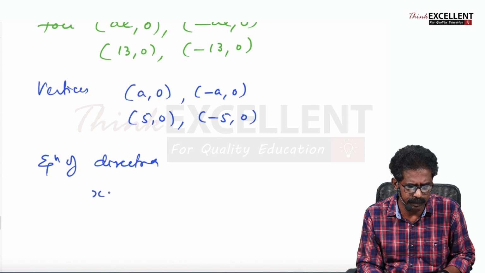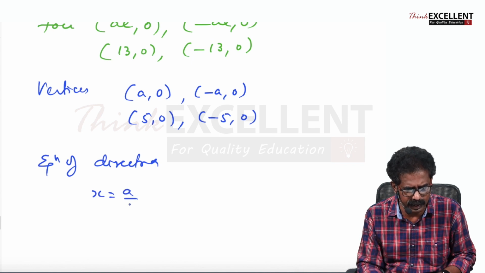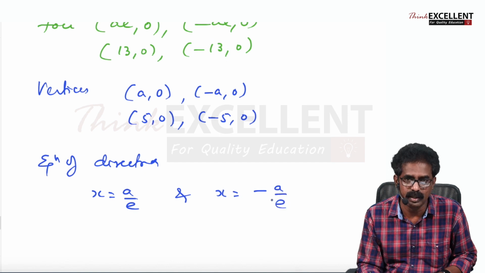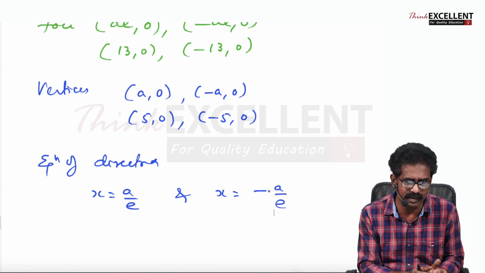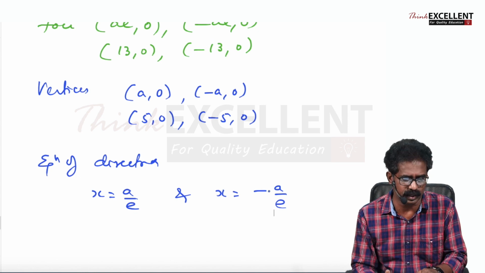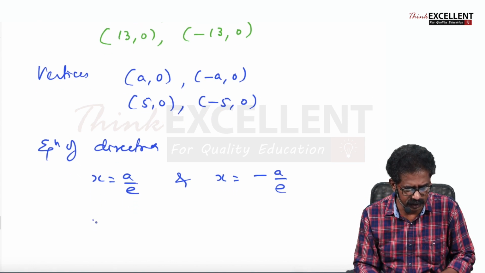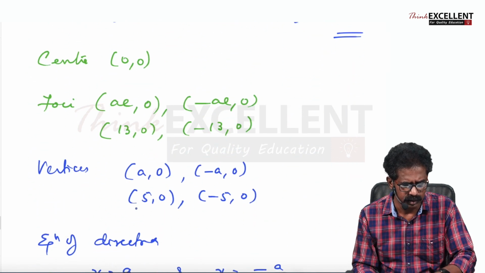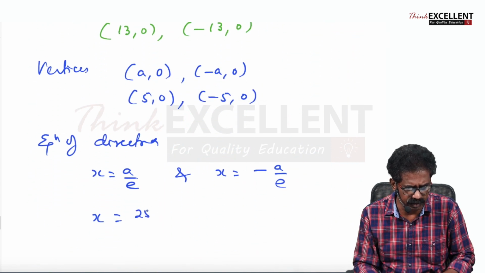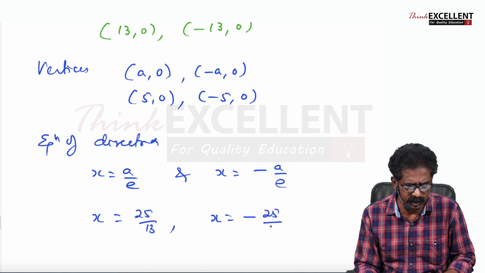Since it is the first type, x equal to a by e and x equal to minus a by e. Suppose the center is not 0, 0 but h comma k, then for the x value you have to put plus h also, right? So that is x equal to a by e, already got it, 25 by 13, right? So x equal to 25 by 13 and another one x equal to minus 25 by 13.